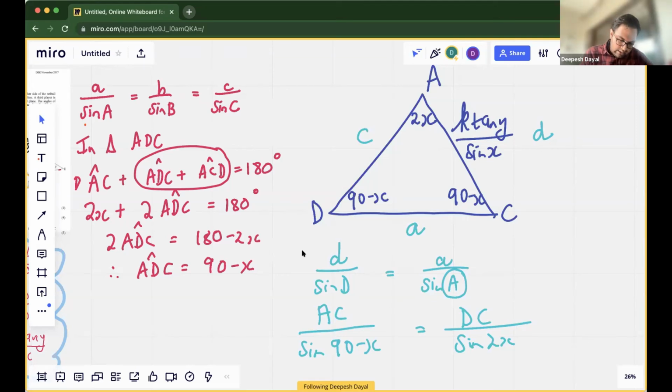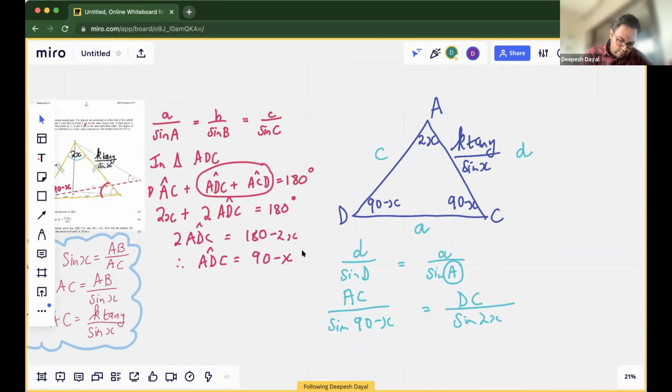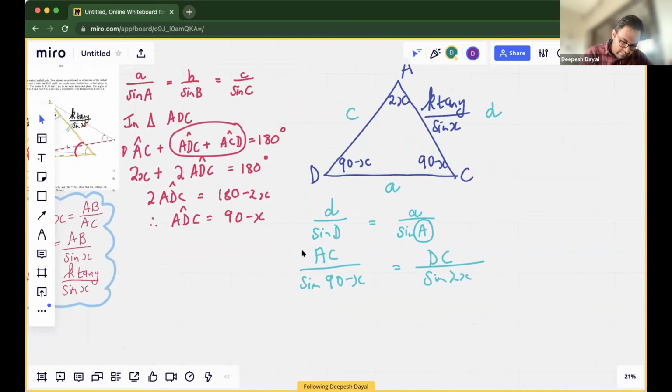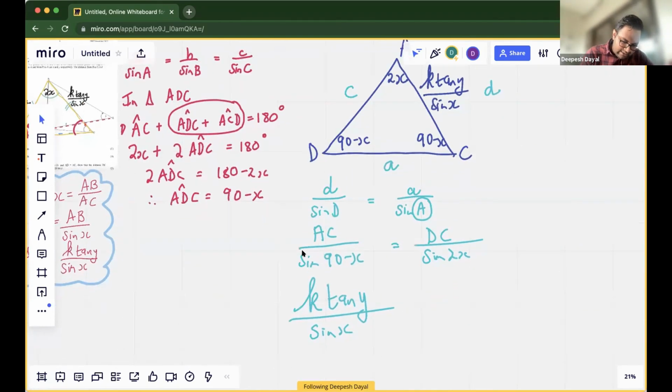Okay. And then we're going to say AC, which is K tan y, right? K tan y over sine x, right? So K tan y over sine x over sine 90 minus x.